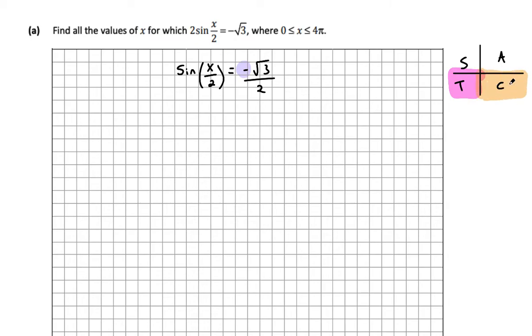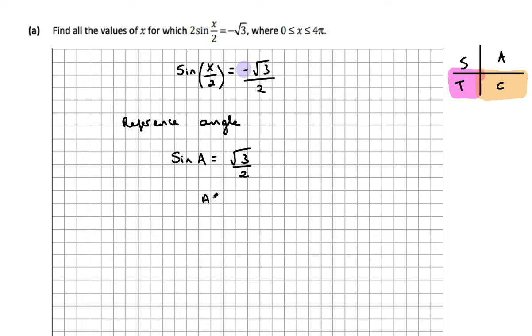So what I'm actually going to do first is find a reference angle. I'm going to find that reference angle by ignoring the negative for a moment. I'm going to just do sine of my reference angle A is equal to root 3 over 2.